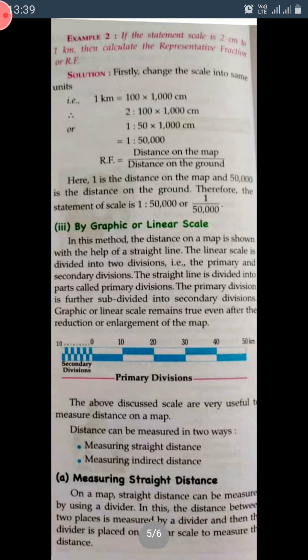Now the third is graphic or linear scale. This scale represents the relationship between a particular distance on the map and the actual distance on the earth. It is drawn according to the statement in such a way that the distance can be calculated most accurately on the map.